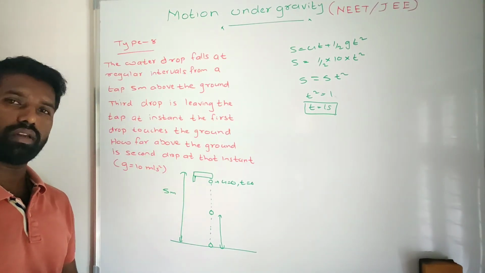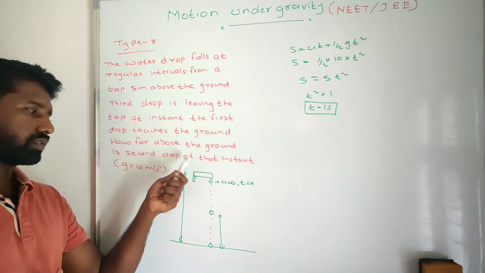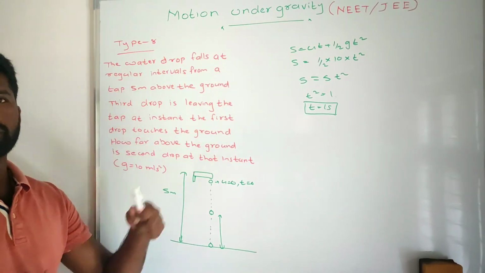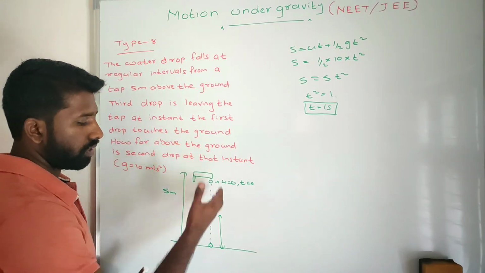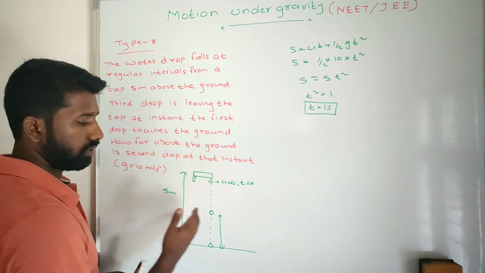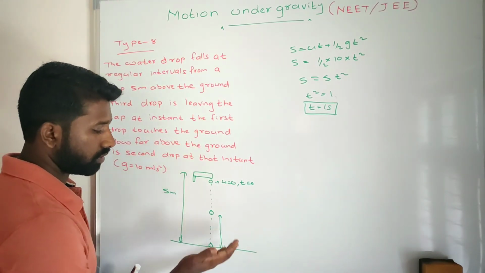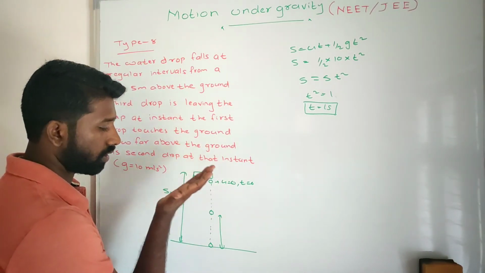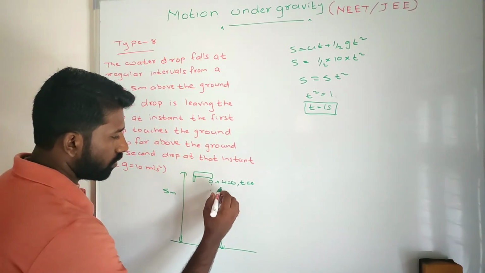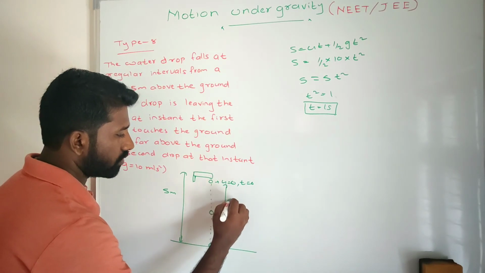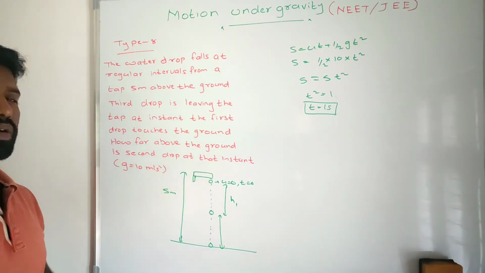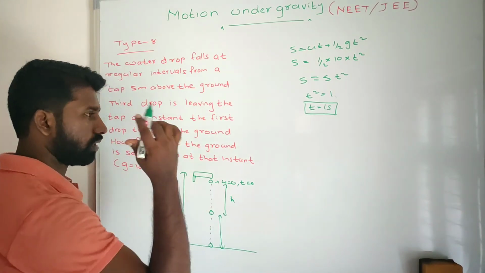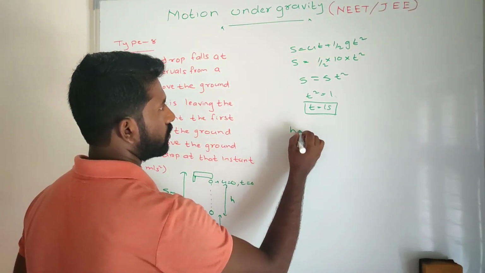That means the second water droplet drops after half second. After half second, we need to find the distance covered by the second drop. After 0.5 second, the distance covered by the second droplet I am taking as h. So h is equal to half into g t square.